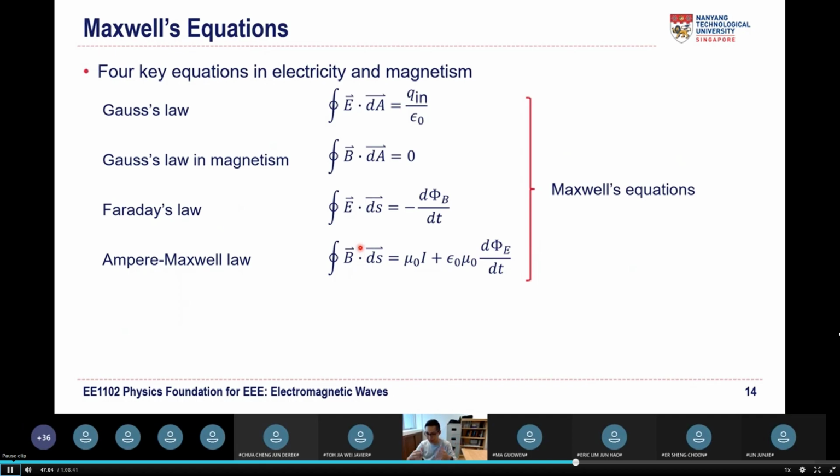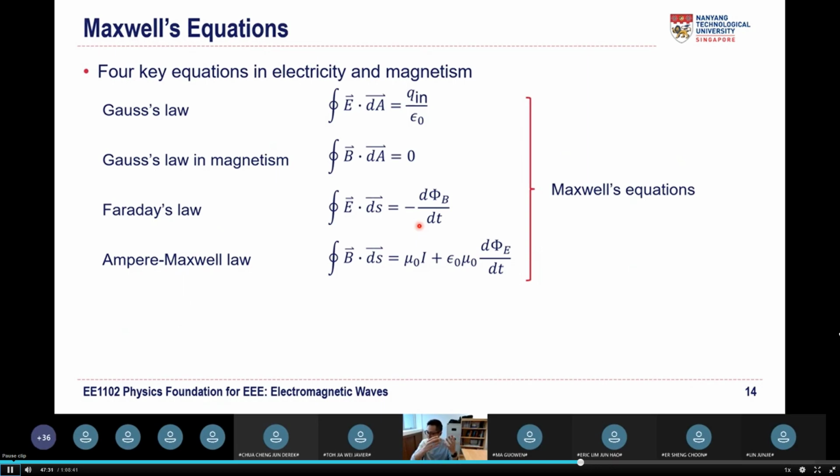As we saw from the source of magnetic field, it is actually the flow of current or moving electric charge that creates the magnetic field. So the magnetic field itself comes from the presence of charge.